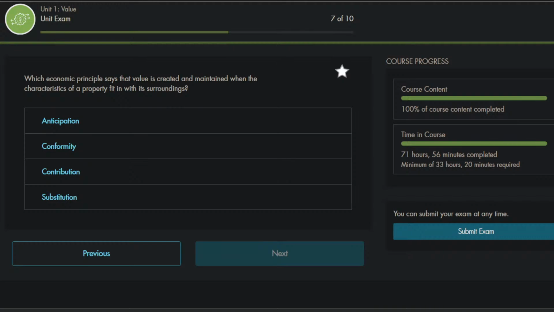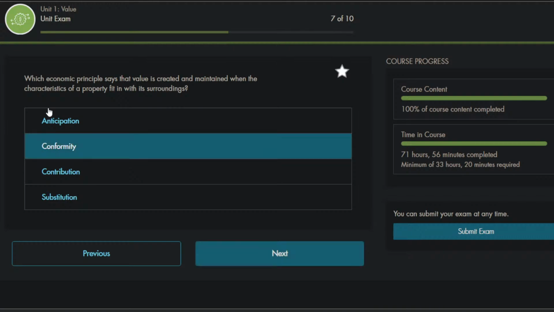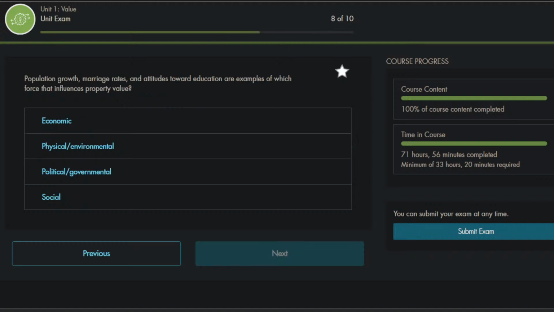We're going to say conformity because it conforms to its surroundings. Population growth, marriage rates, and attitudes toward education are examples of which force that influences property value. Is it economic, physical or environmental, political or governmental, or social? I'm going to say social.